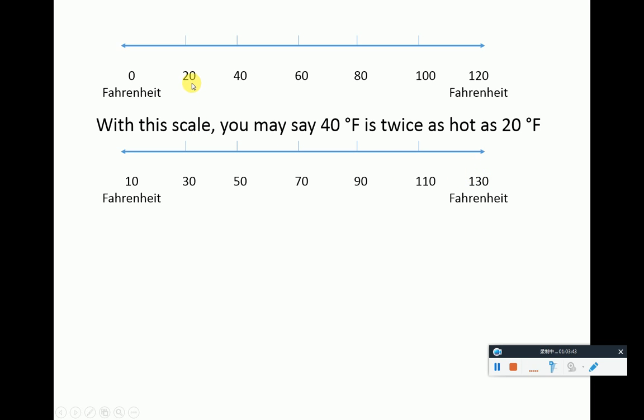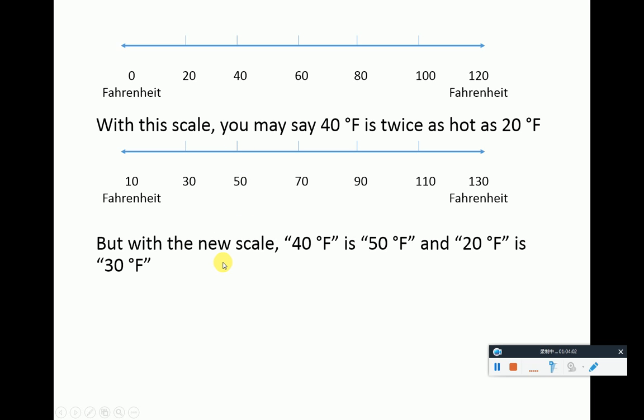Now, 20 degrees Fahrenheit on this scale becomes 30 degrees Fahrenheit on this scale, and 40 degrees Fahrenheit on this scale becomes 50 degrees Fahrenheit on this scale. And certainly 50 degrees Fahrenheit is not twice as warm as 30 degrees Fahrenheit, because 2 times 30 is 60, not 50.